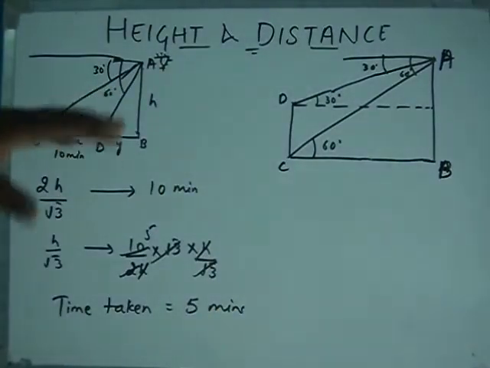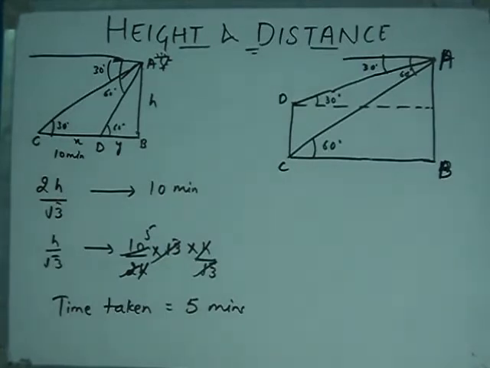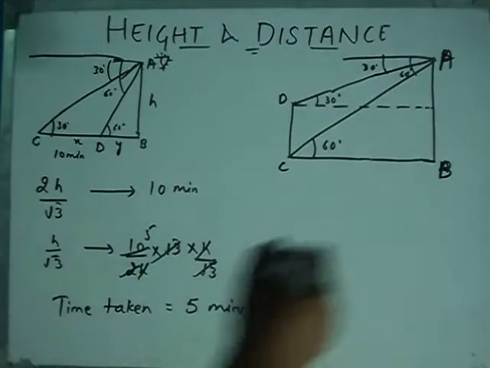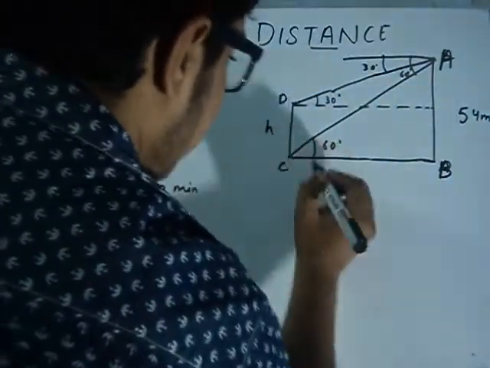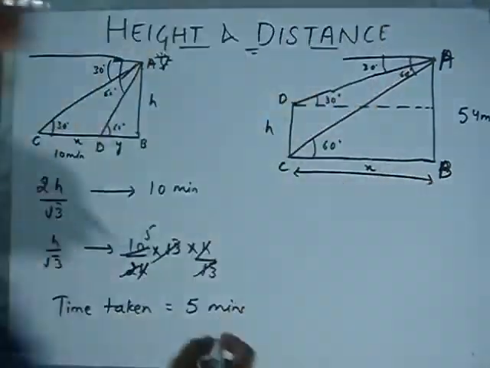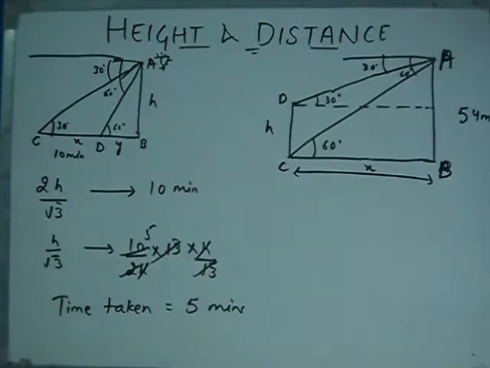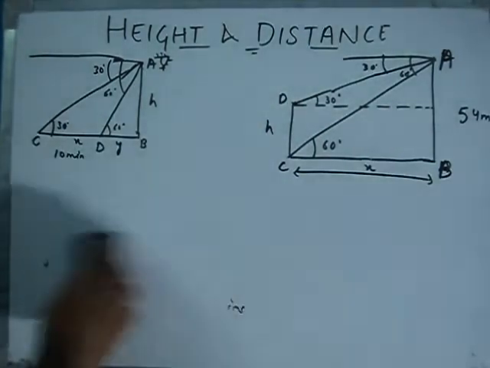Sorry, both the angles are in reverse order. We have to find the distance between these two towers and the height of the other tower. The bigger one is 54 meters, and we have to find this height and the distance between these two points. Suppose it is x. We are going to rub this for calculation purposes.